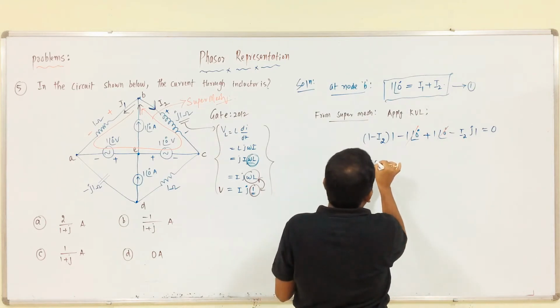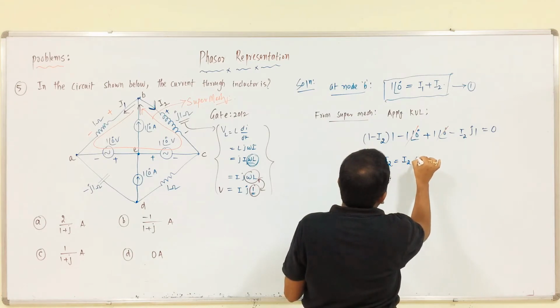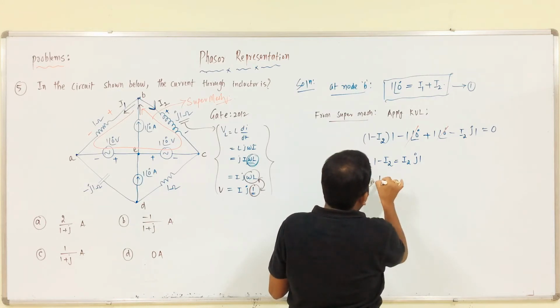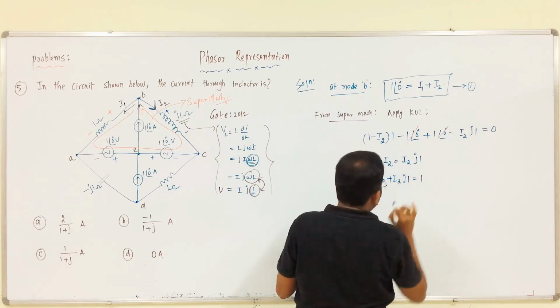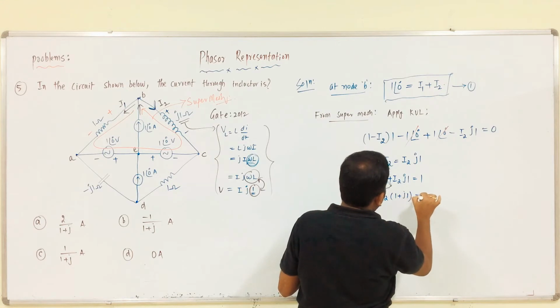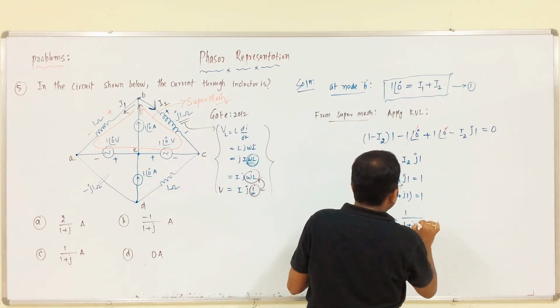Therefore, 1 minus I2 is equal to I2 j1. From this, I2 plus I2 j1 is equal to 1. So I2 is equal to 1 by 1 plus j1.